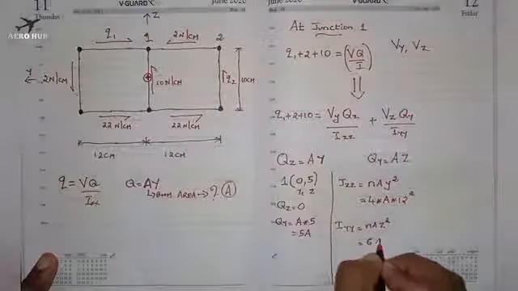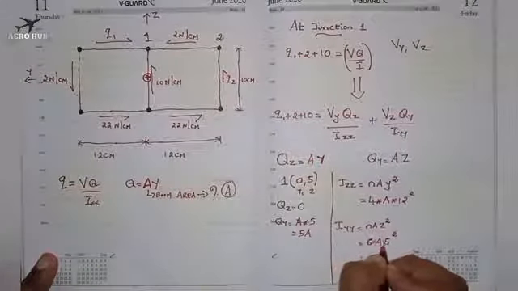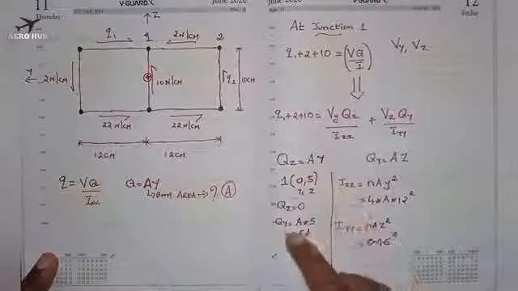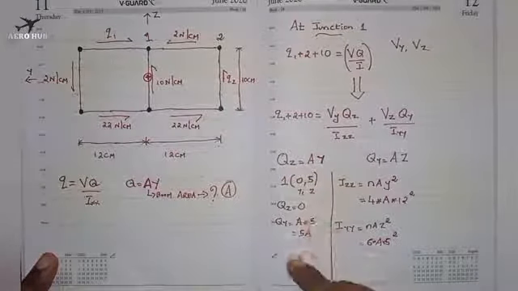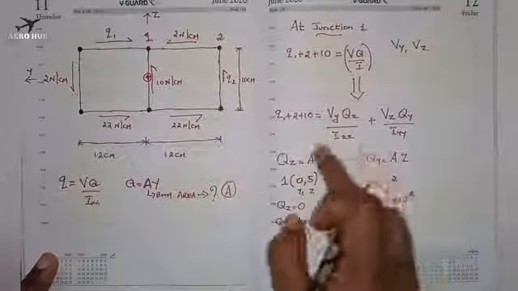So it will be 6 into A into 5 square. So we got the value of Iyy, Izz, Qy, Qz, and the respective moments of inertia.